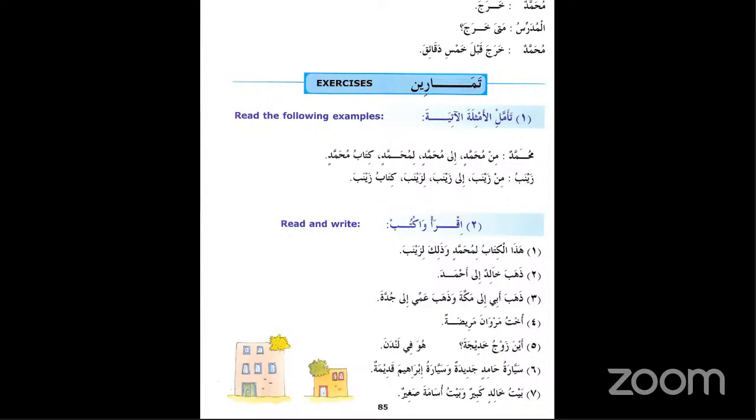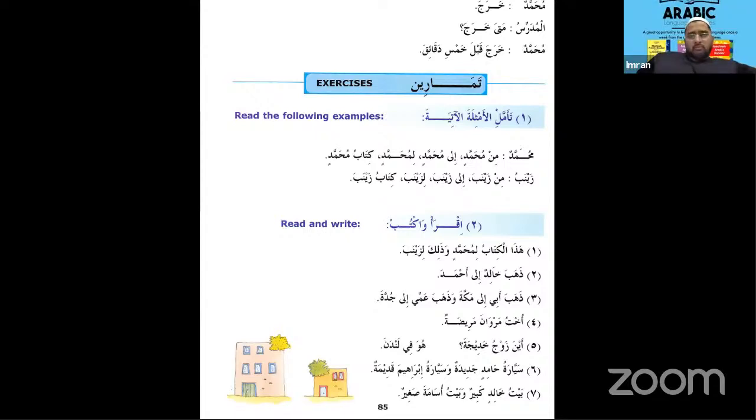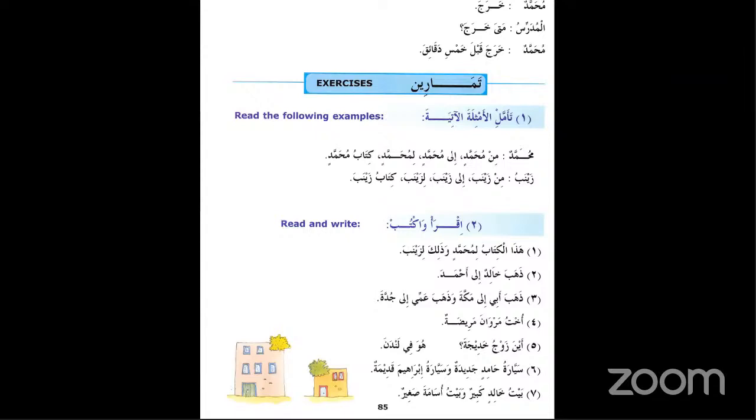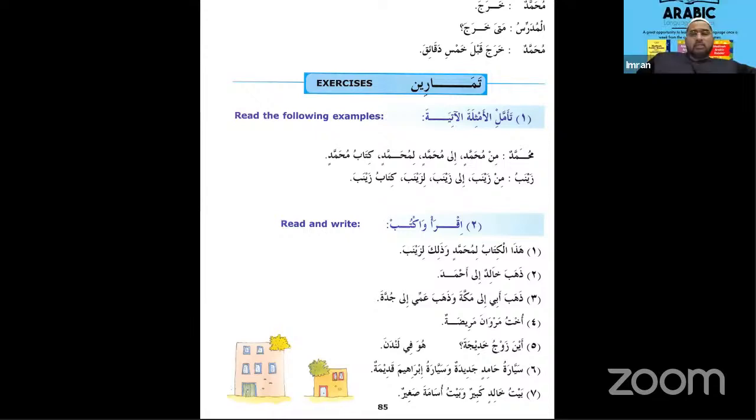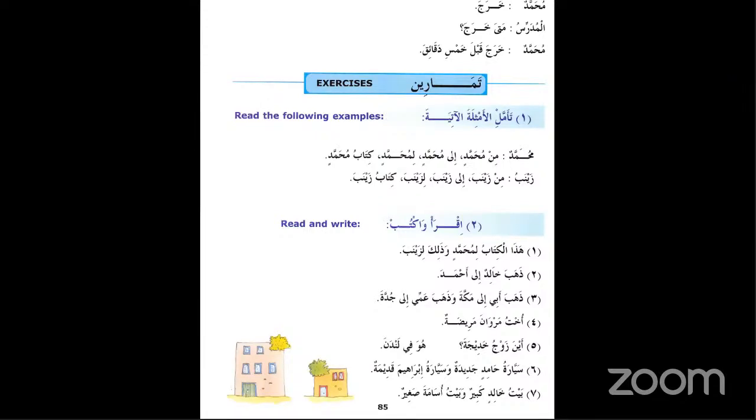Kitabu Muhammadin is mudaf ilayhi. So kitab is the subject and Muhammadin is the predicate? Nope, it's mudaf ilayh. Yes, not mubtada khabar. So whenever there's mudaf ilayh, the second noun always gets a kasra. Okay.